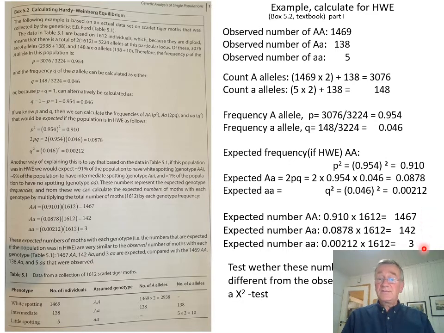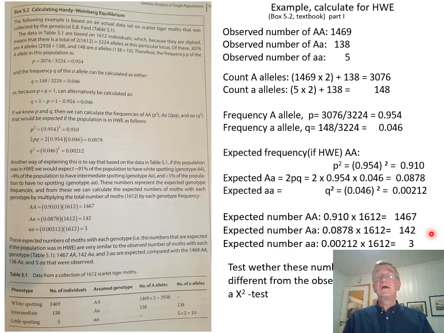These big numbers are the expected numbers, and these are the observed numbers. They are pretty close and very similar, but not identical: 1469 and 1467, 138 and 142, 5 and 3.